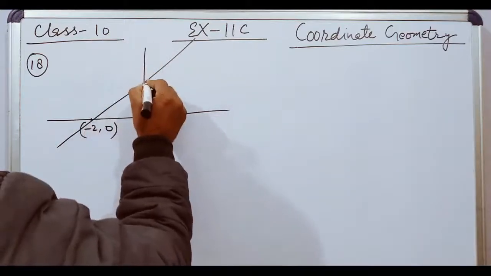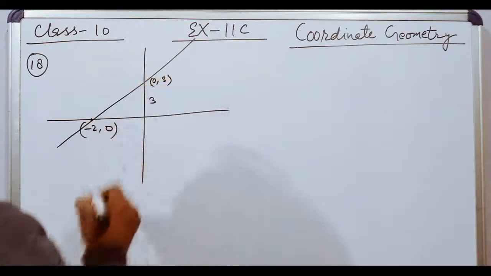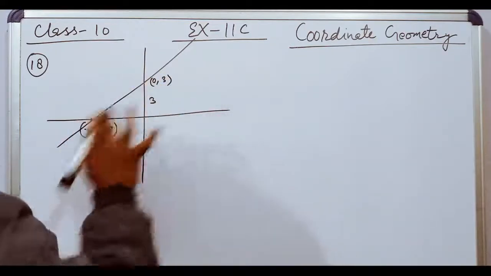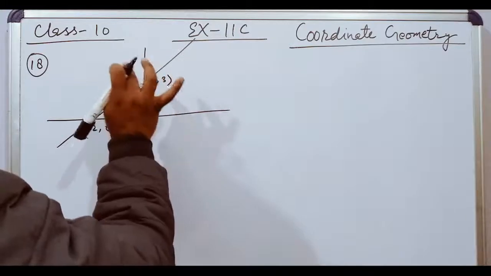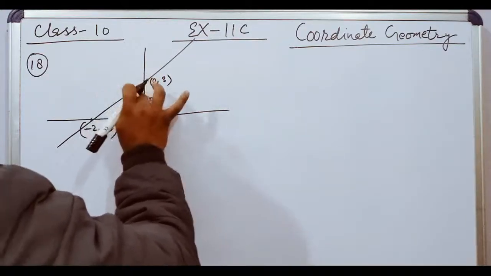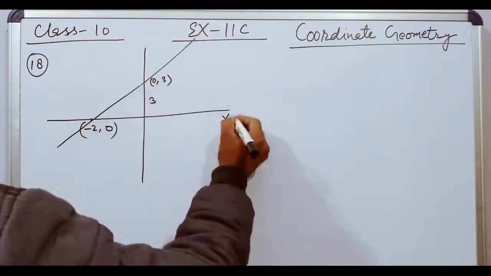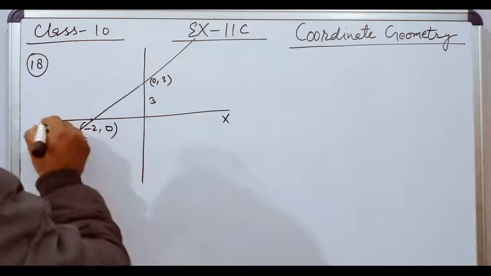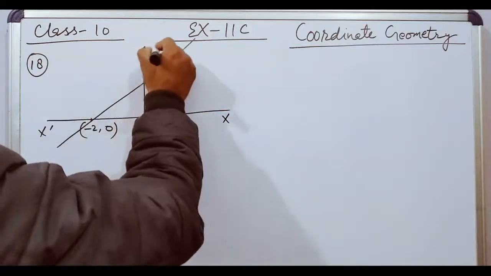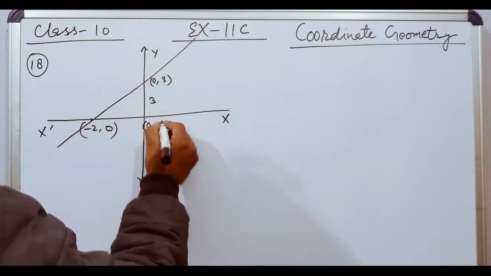On the y-axis x equal to 0 and y is 3. This is the x-axis and the y-axis, and this is the origin (0, 0).